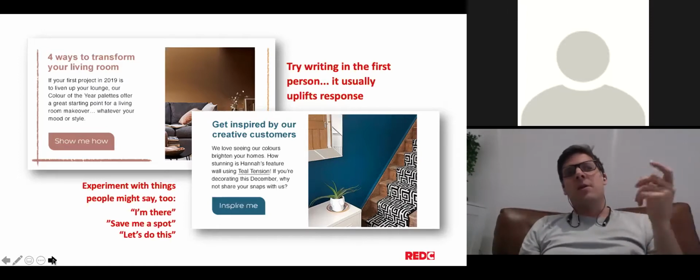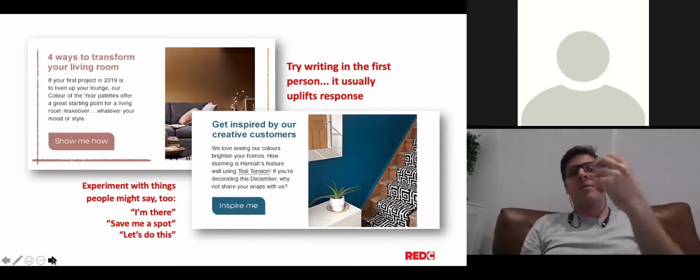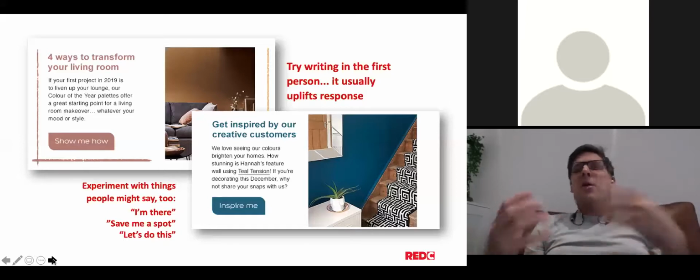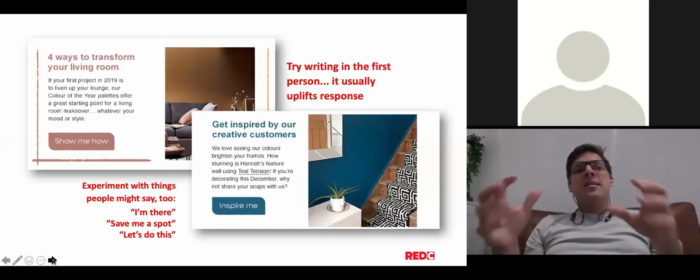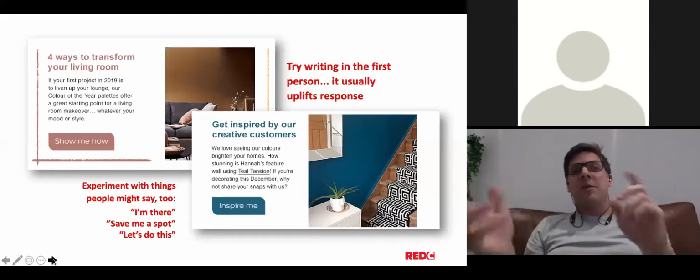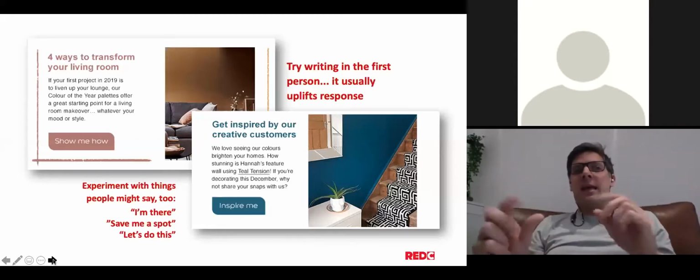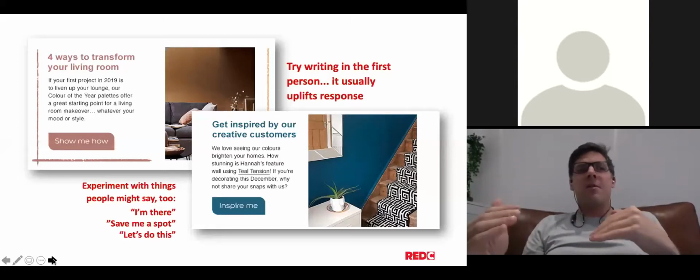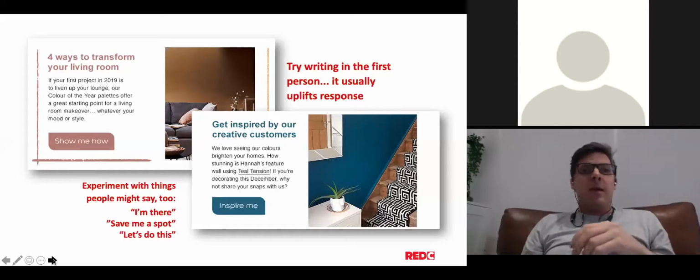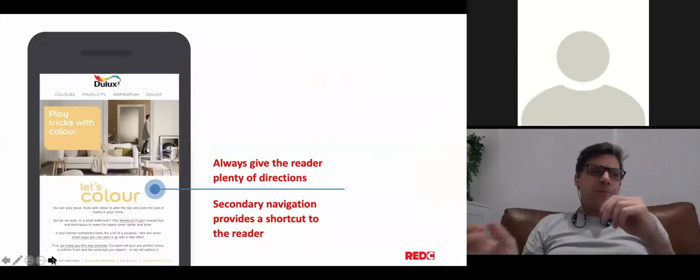Taking these conversational phrases and trying that can have a positive impact on response as well. Email is very, very easy to test, so it's easy to run split tests, little A/B tests where you experiment with different buttons to see if they generate any positive uplift.